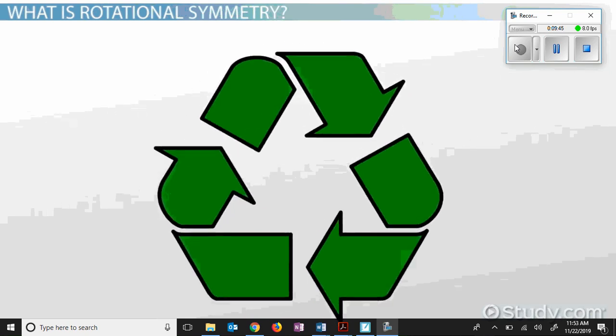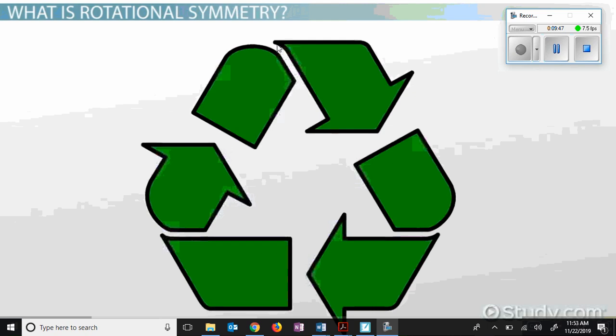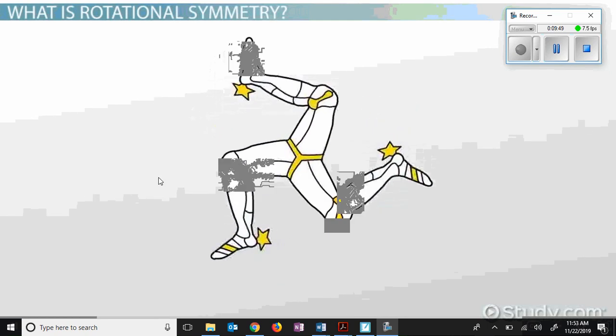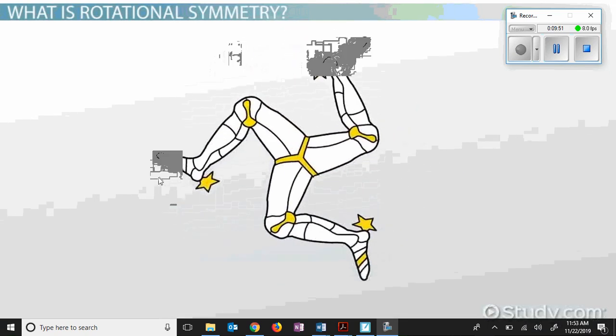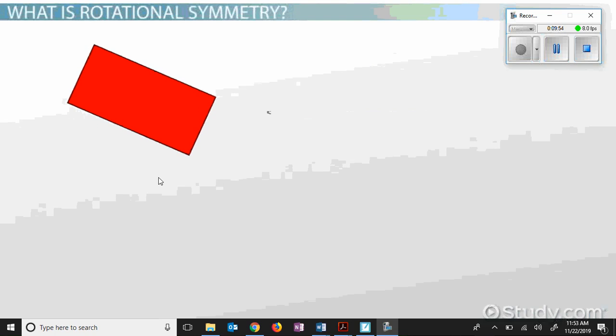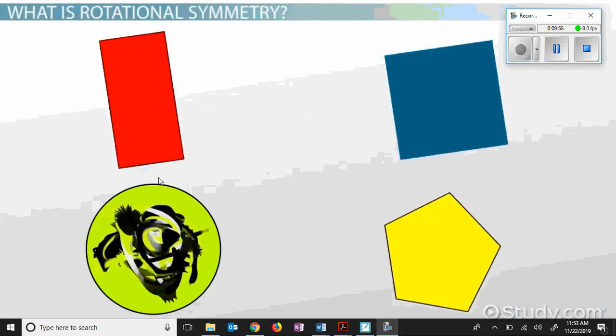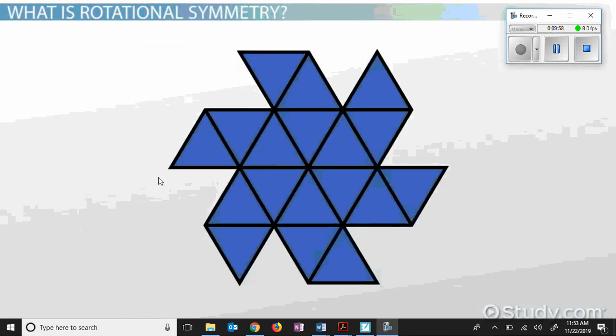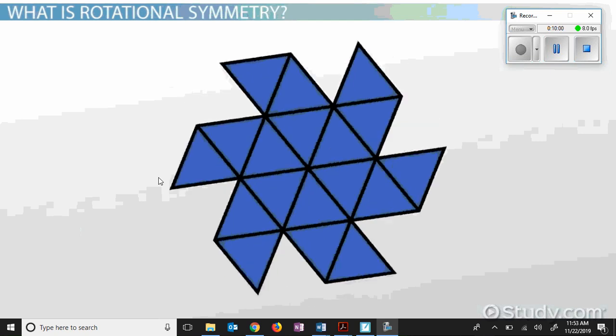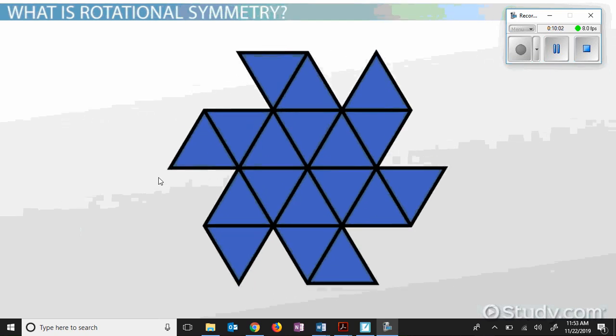So every time it clicks into its own place, even though it's not making a full rotation, it looks the same as it originally did. So as long as you can do that without it spinning all the way around in a full circle, then it has what's called rotational symmetry.